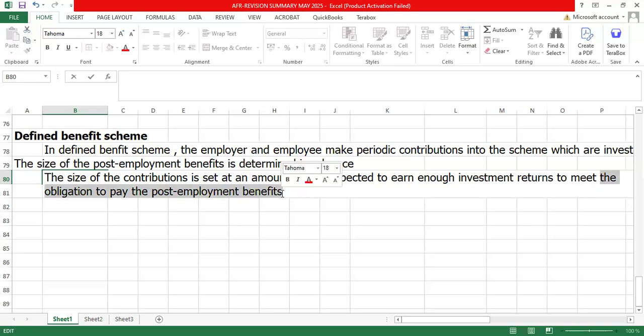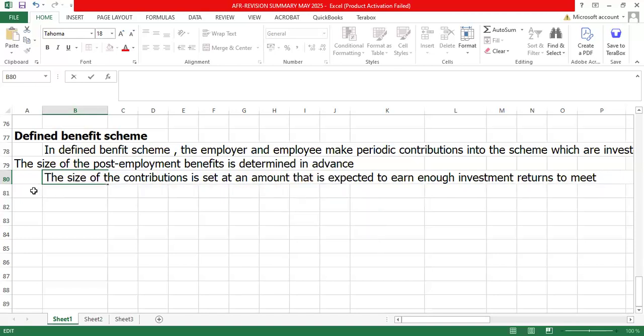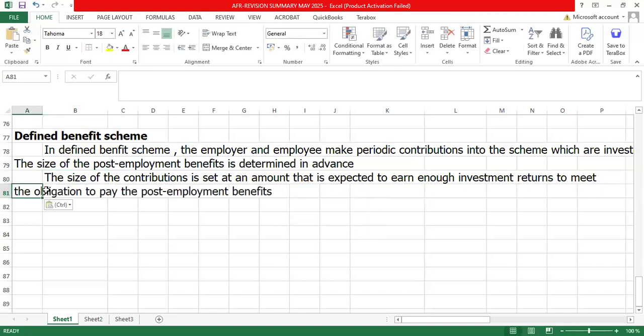As you set the amount to contribute, you, the employer and the employee, must also be knowing what the future benefit will be. It can help you to set the price.